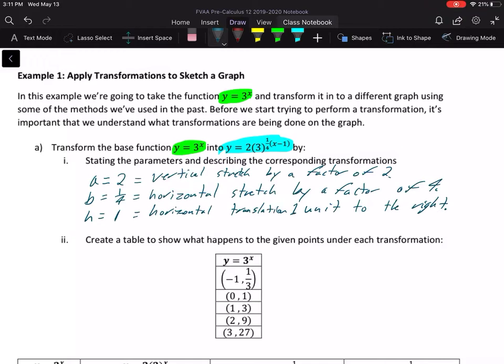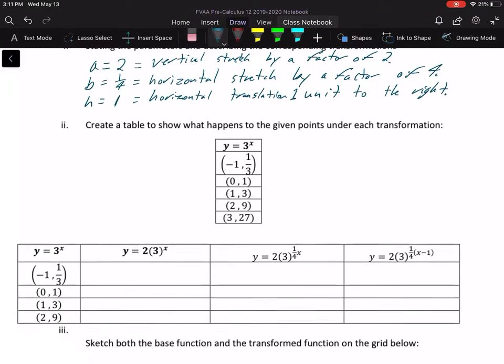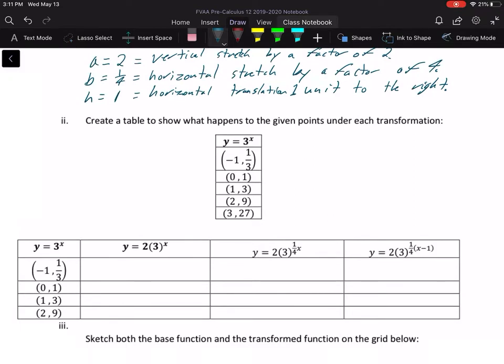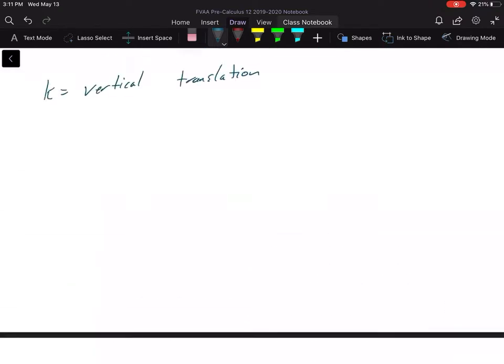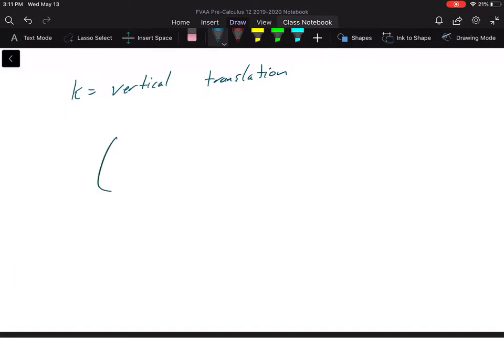So now we want to create a table that shows what happens to a given point under each transformation. I think the biggest thing to remember when we're dealing with these types of transformations, a, b, h, and k, is also to remember our mapping notation, where you have x and y, and then what has an impact on x?